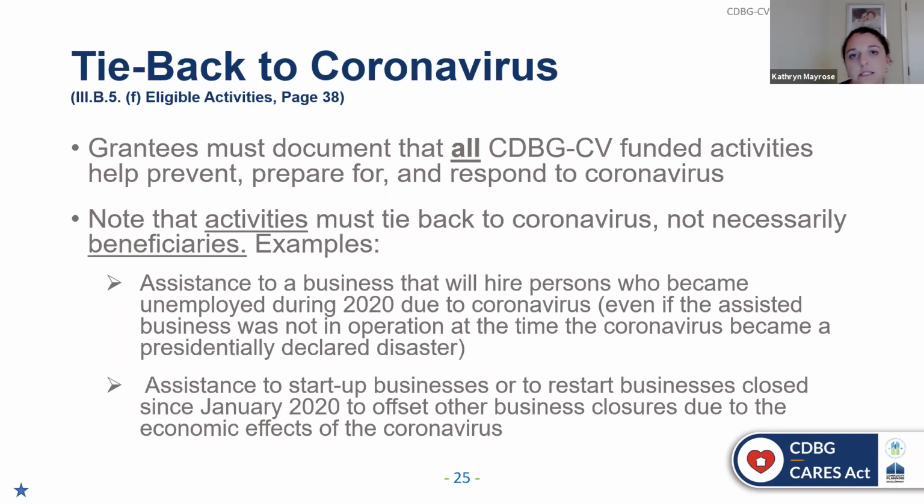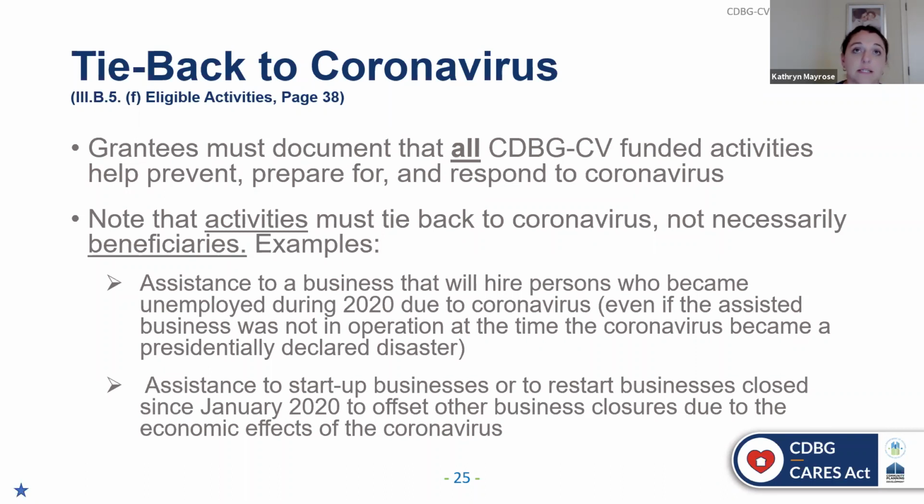We will get into this in more detail tomorrow, because I think it's an important point that will be helpful for a lot of grantees for where we are now in the recovery. But basically, if you're funding businesses, you don't necessarily have to document that that specific business was impacted by coronavirus.